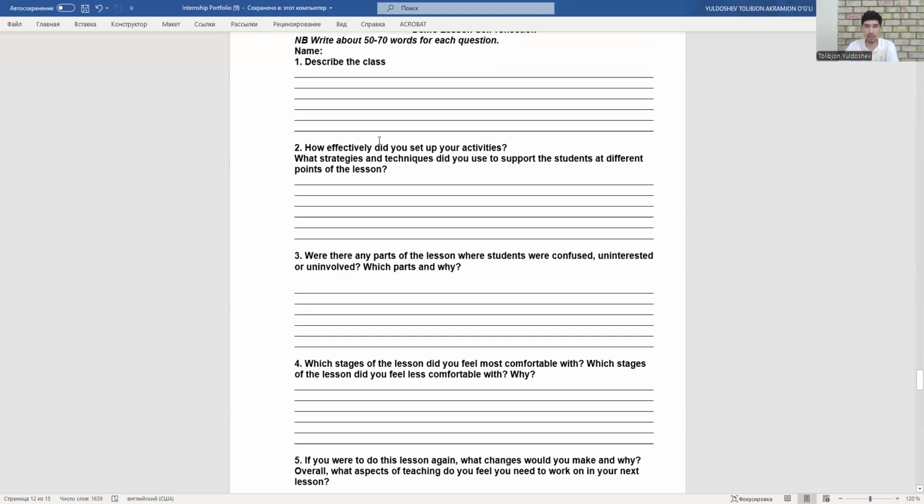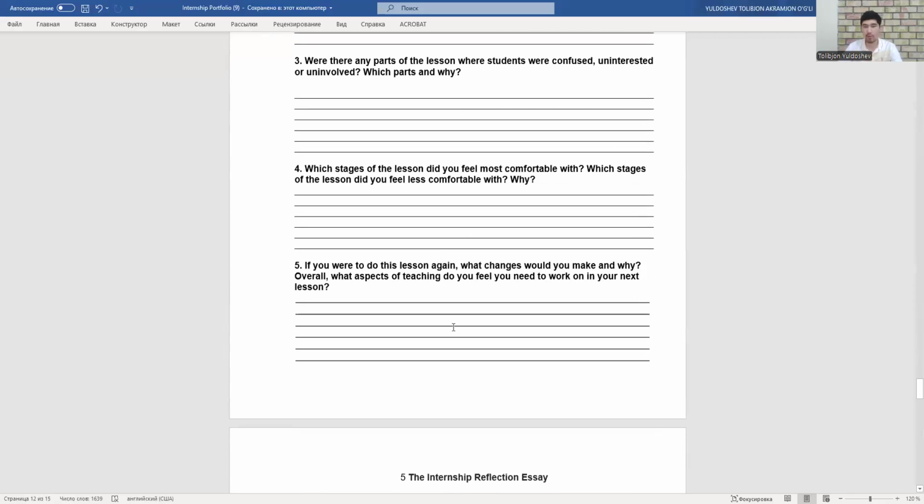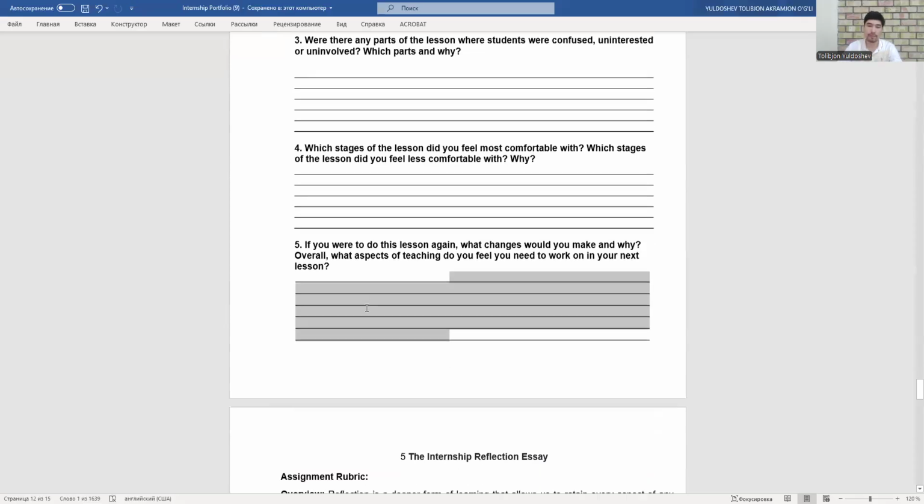If you feel like you have answered these questions fully in 3 lines, then you don't have to write all the lines. But if you think this one is not enough, then it's better to add some more lines yourself manually and stretch the space a little bit more. Okay, don't feel that this limits you.